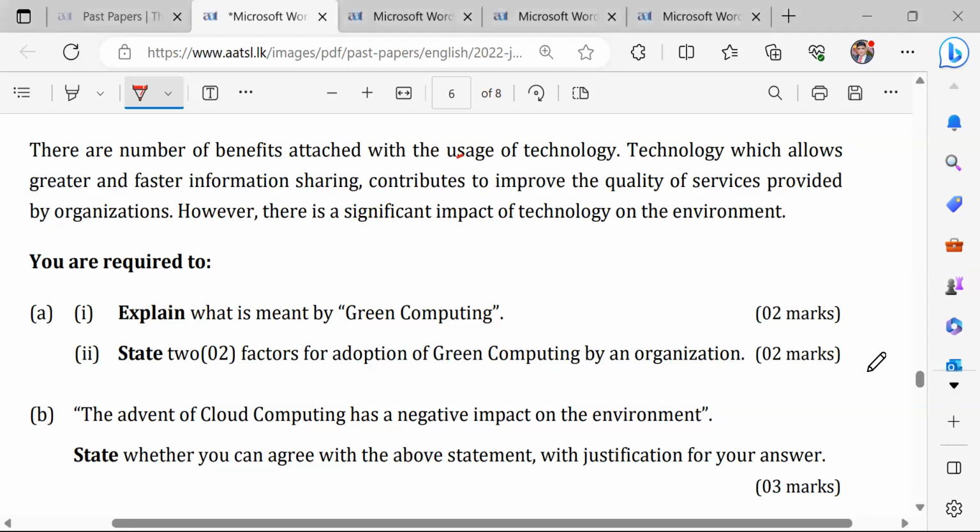Green computing means eco-friendly computer practice. Eco-friendly, environmentally friendly computing practices. That is green computing, right? Then we are expecting minimum harmfulness to the environment through the computing practice.